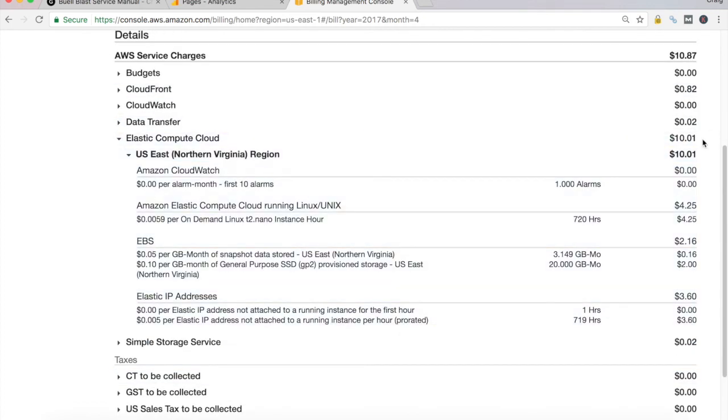So my $10 charge should have been $3.60 cheaper, really. What that is telling you is you can spin up an EC2 instance and host a WordPress blog with minimal data on it for $6.40 a month.